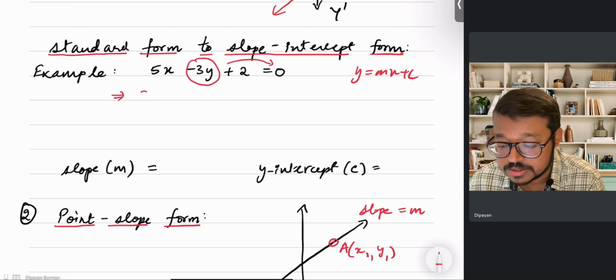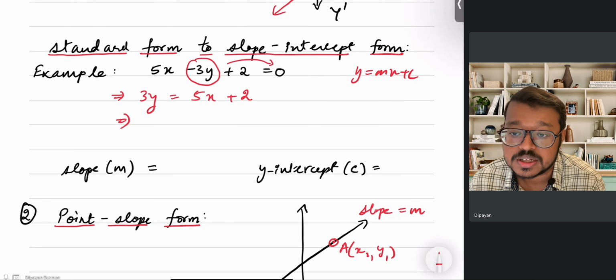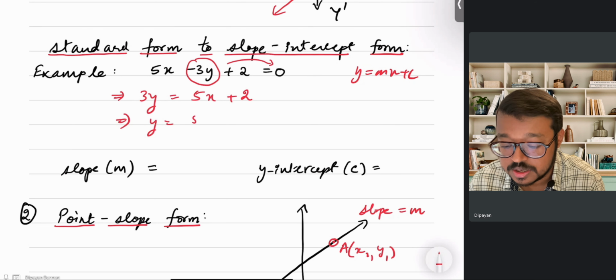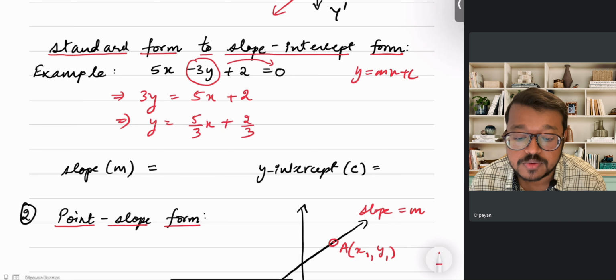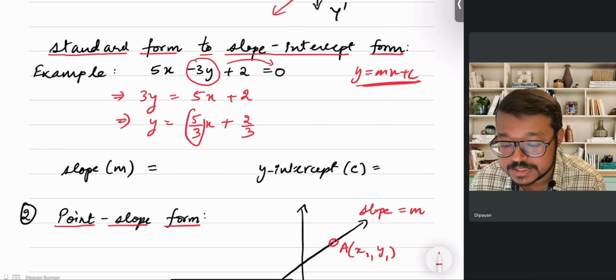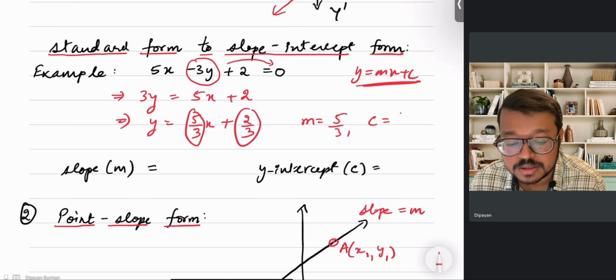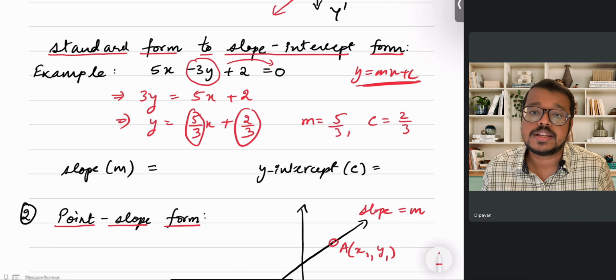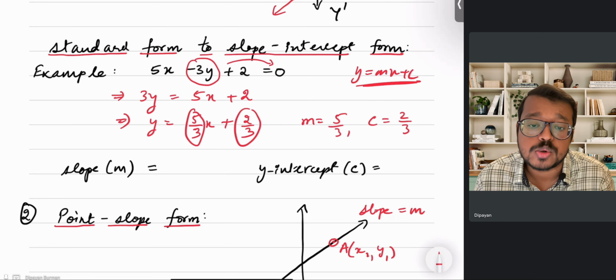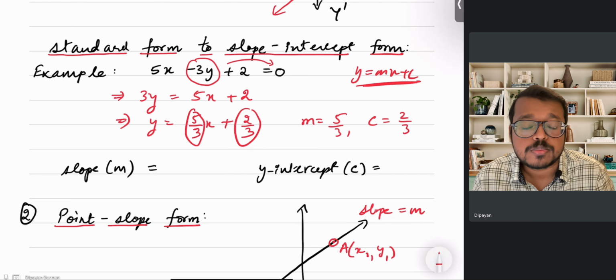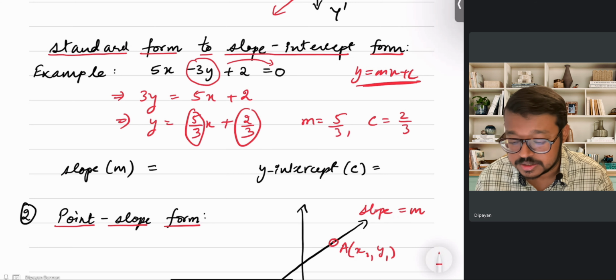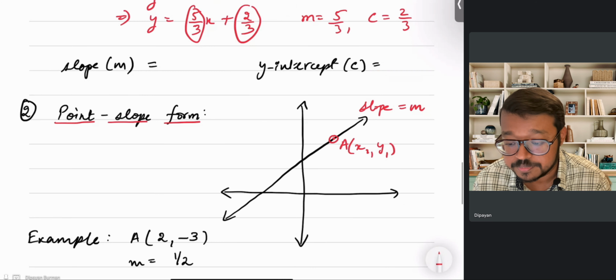So this is the same as 3y equals 5x plus 2. And if I move the 3 to the other side, I will have y equals 5 by 3 x plus 2 by 3. If I compare with the slope-intercept form y equals mx plus c, I can say that the m value will be 5 by 3 and the c value will be 2 by 3. So this equation has slope 5 by 3 and the y-intercept is 2 by 3. So that's the concept of slope-intercept form.